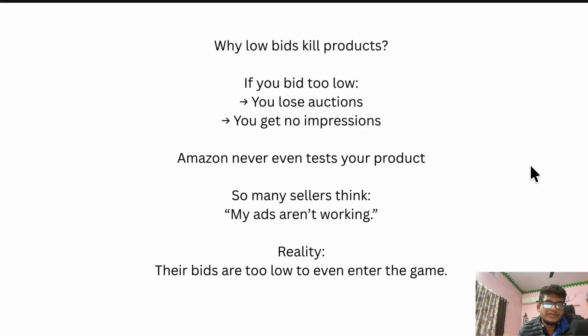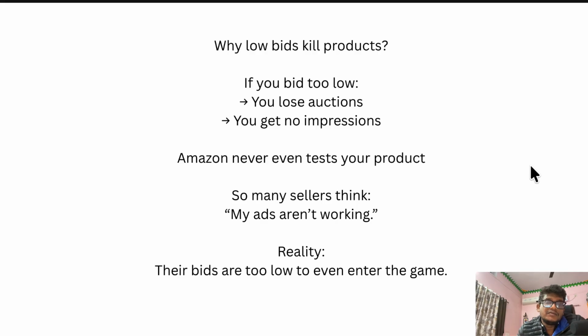If your product is new and the market is very competitive, then to get into the auction you just need to bid higher than your competitors on the relevant keywords. Not all keywords, but only your relevant keywords.